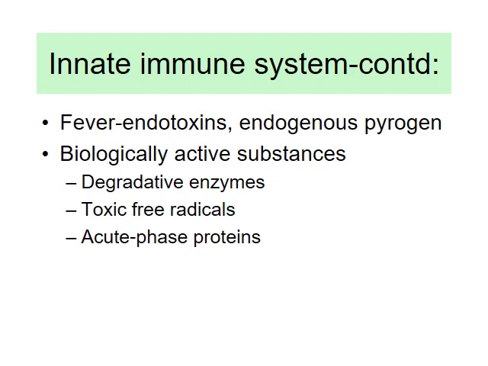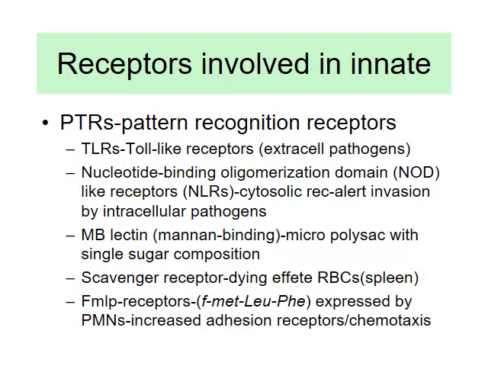Now, this slide, for example, is important because this is basically a legend for the next figure. And you can see from here that the innate immune system also has a way to respond to any foreign invasion.